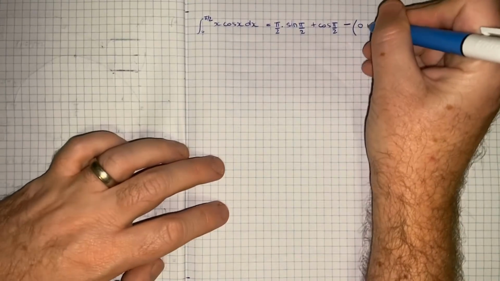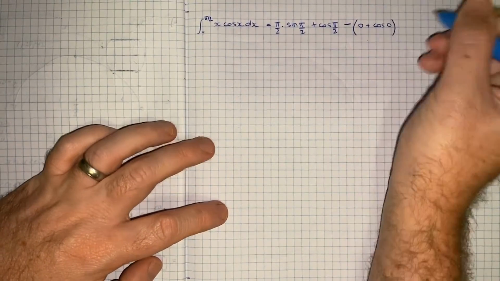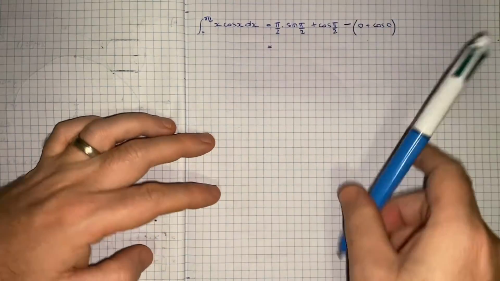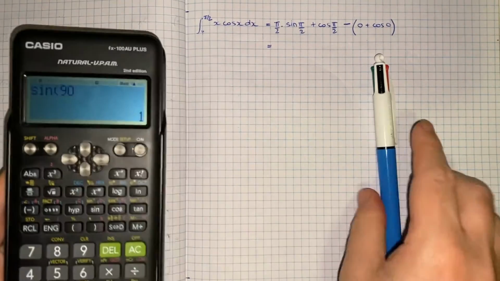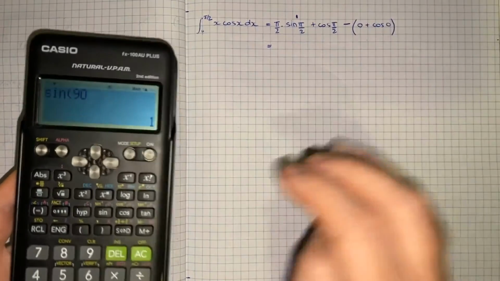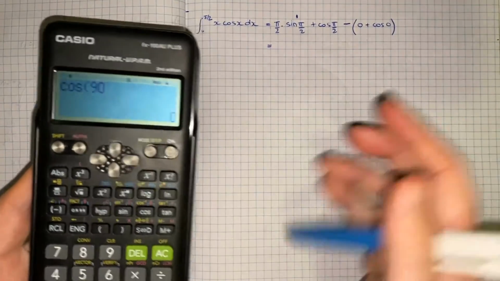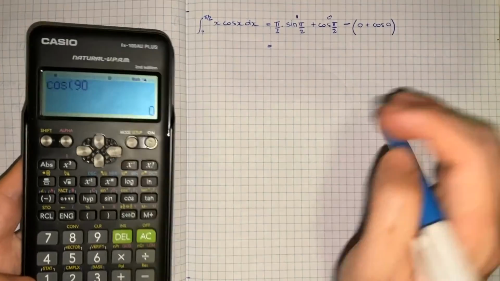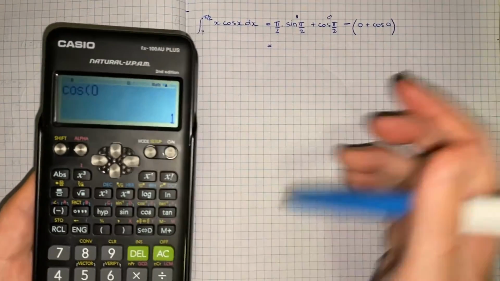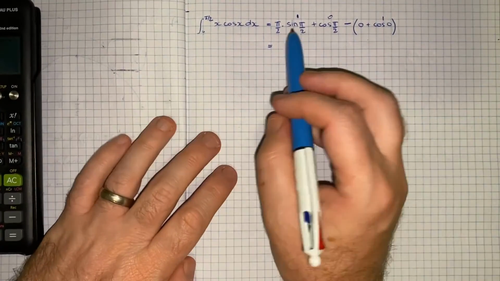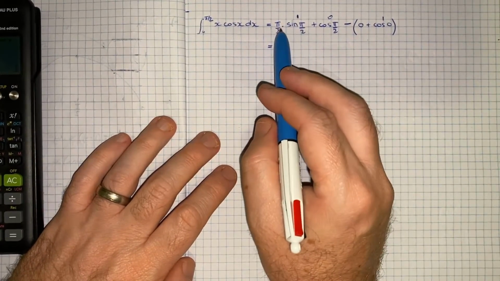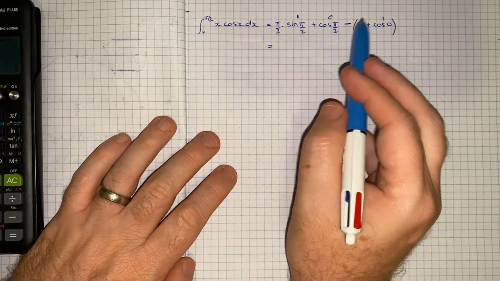So we'll have 0 plus cos 0. So sine pi on 2, or sine 90, this bit's just going to be 1. Cos 90 will be 0, so that will disappear. And then cos 0 is 1. So we'll get pi on 2 times 1, or just pi on 2 minus 1.